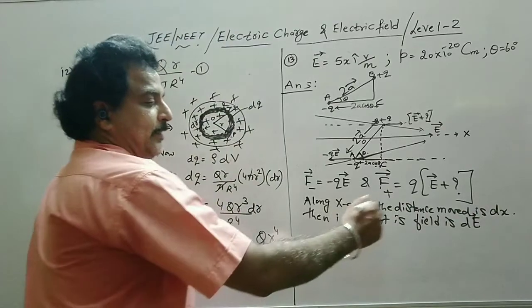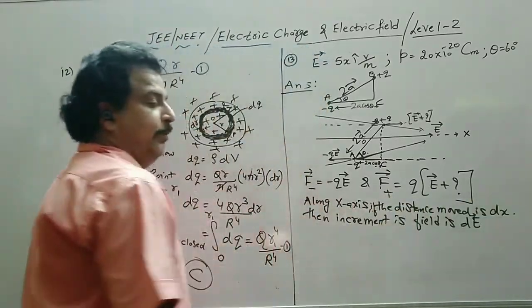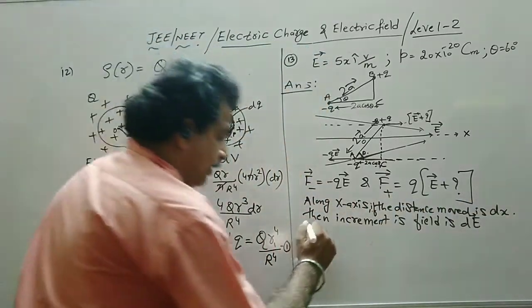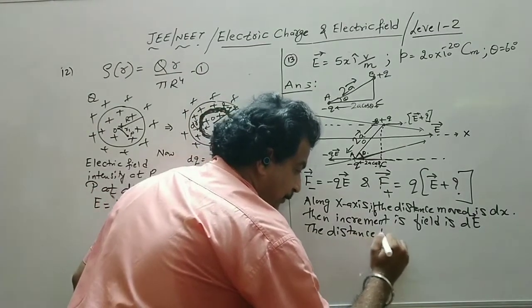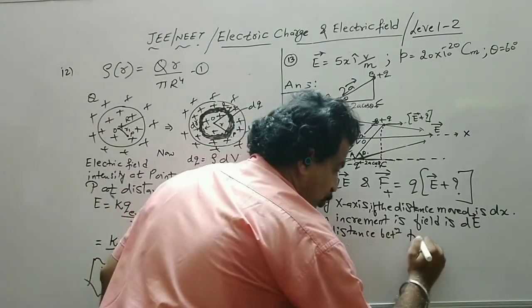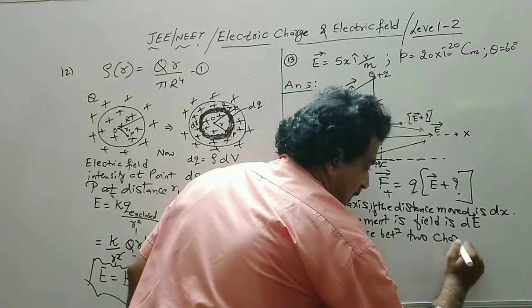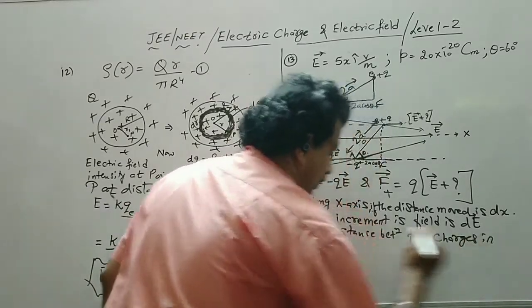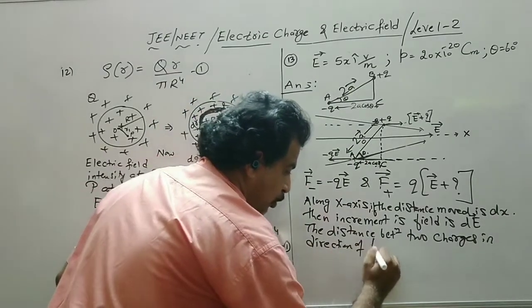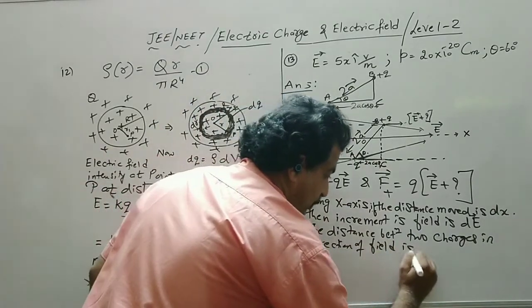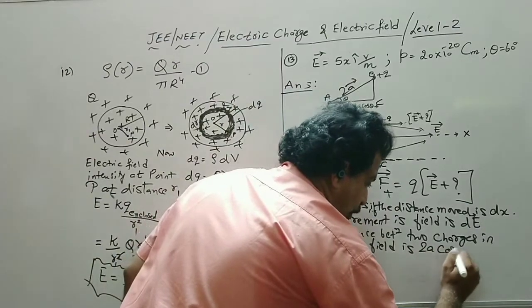So along the x-axis, if the distance moved is dx, the increment in the field is dE. The distance between the two charges in the direction of the field is 2a cos theta.